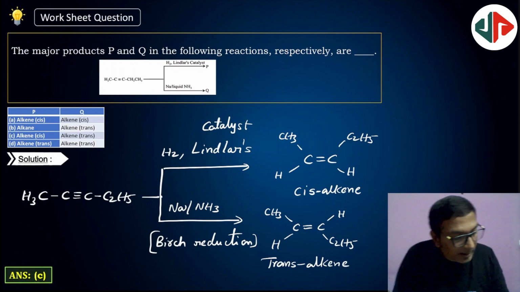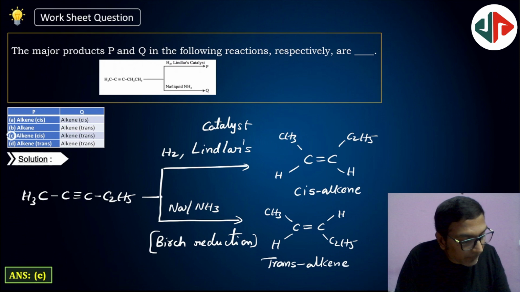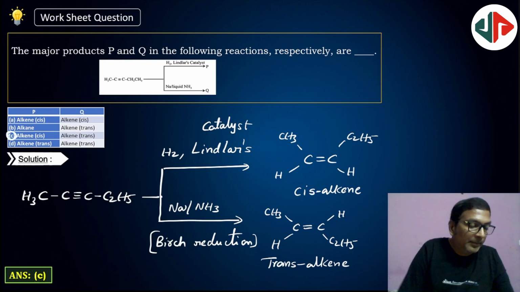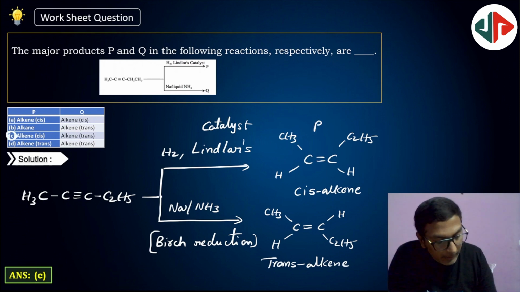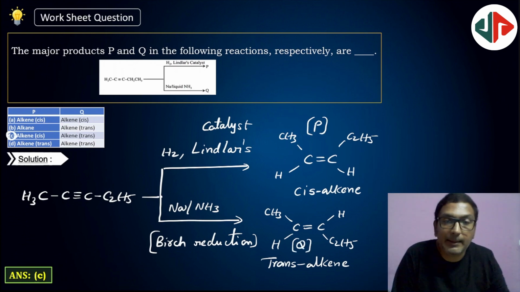So which is option C. P is cis alkene and Q is trans alkene. Next.